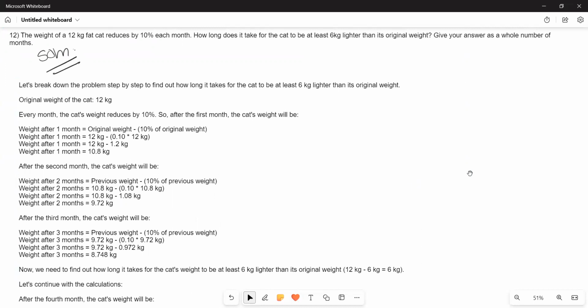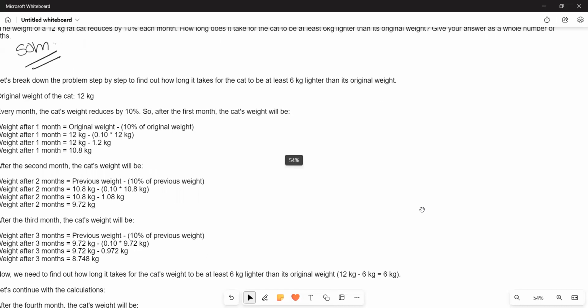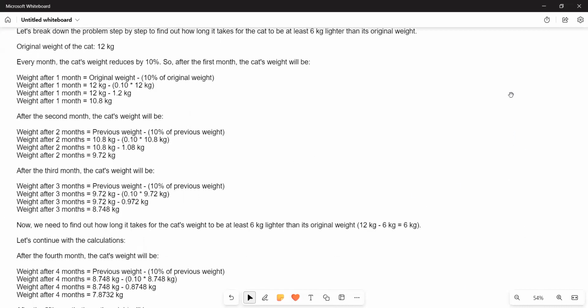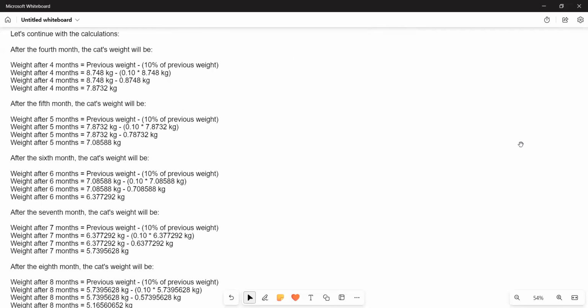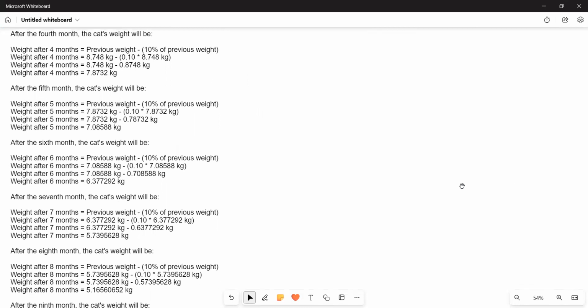I will give you 10 seconds to take a screenshot of this. 1, 2, 3, 4, 5, 6, 7, 8, 9, 10. Okay, I hope you have taken this screenshot. Now take a screenshot of the second part.